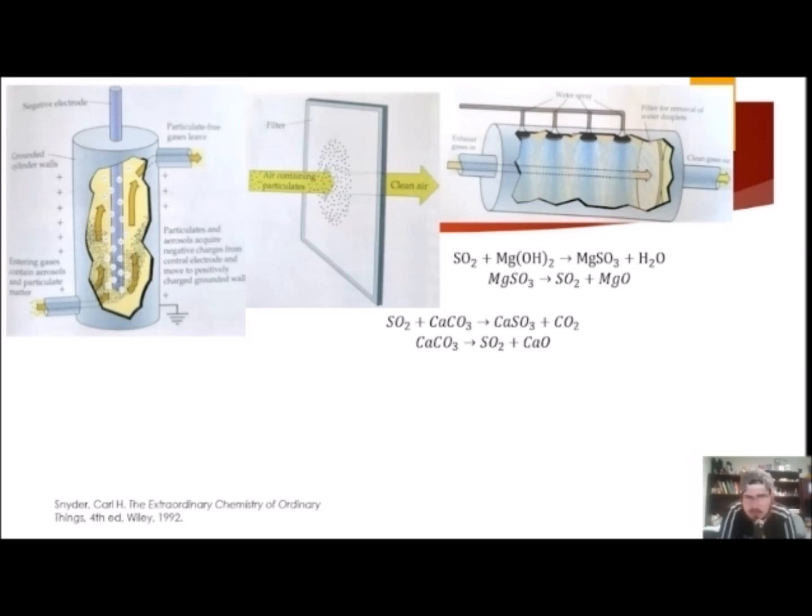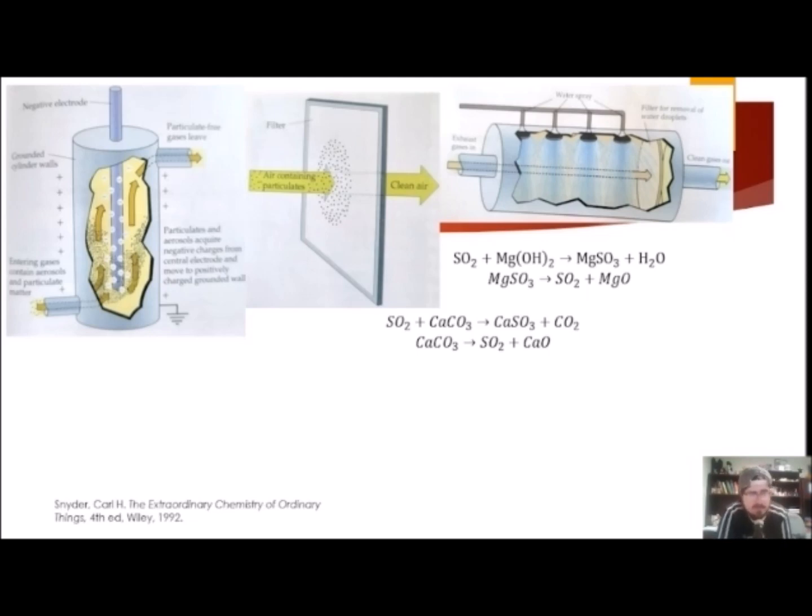The absorbed water and sulfur dioxide react with the slurry to get captured as various solid salts. So magnesium hydroxide goes to magnesium sulfite in water. Calcium carbonate and sulfur dioxide go to calcium sulfite and CO2. So it releases some gas or some liquid behind.